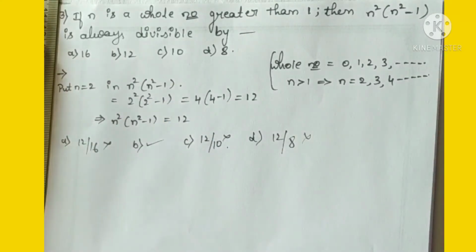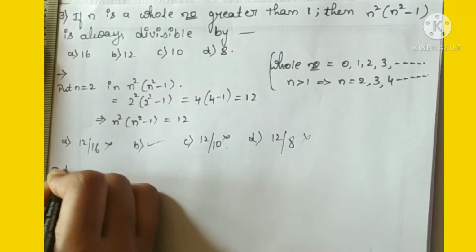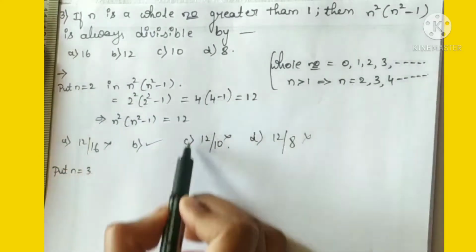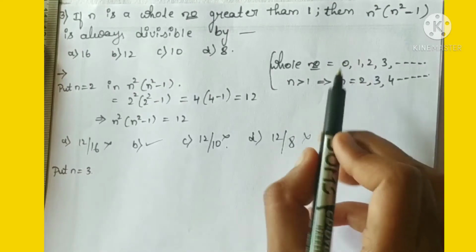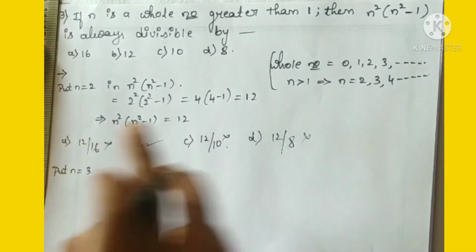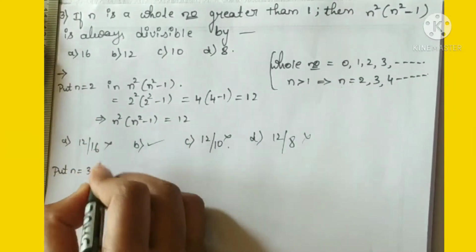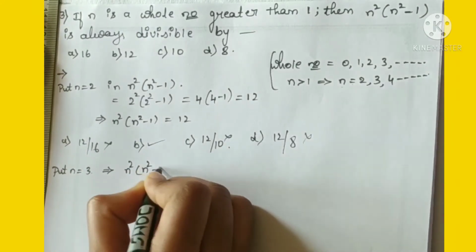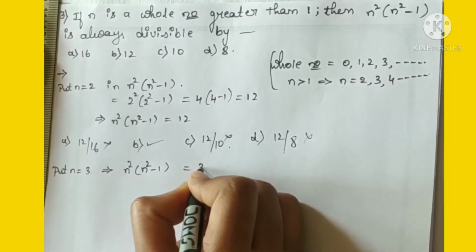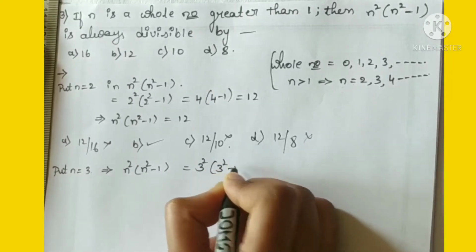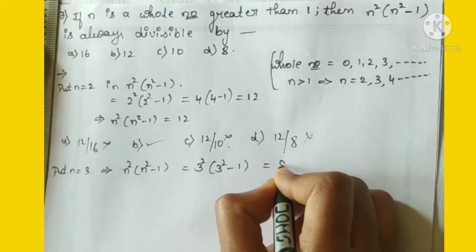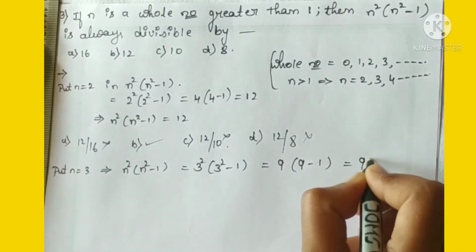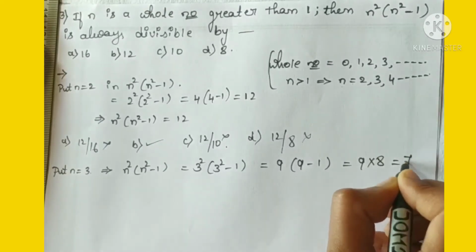Now suppose if you put n is equal to 3. Here I just considered n is equal to 2 for this case. Now I just take n is equal to 3. I will replace the value n square into n square minus 1, which is equal to 3 square into 3 square minus 1, 9 into 8, which is equal to 72.